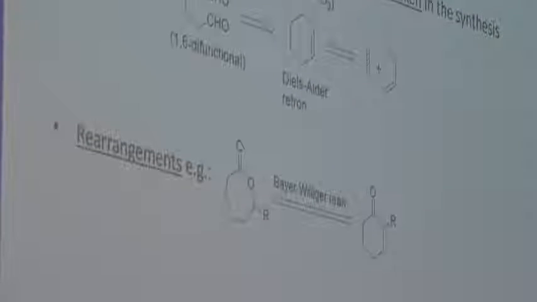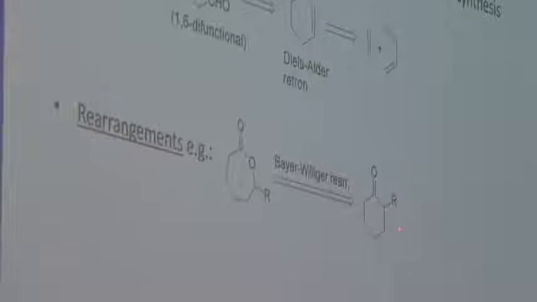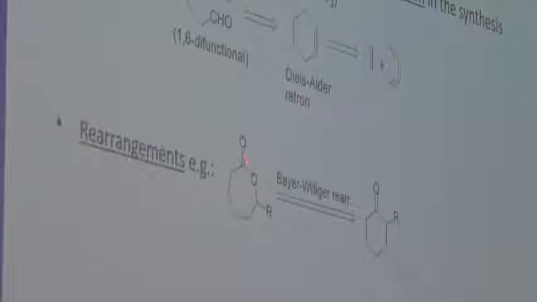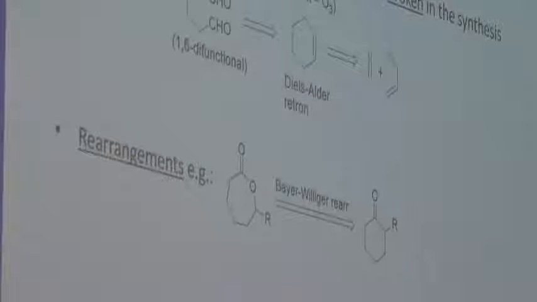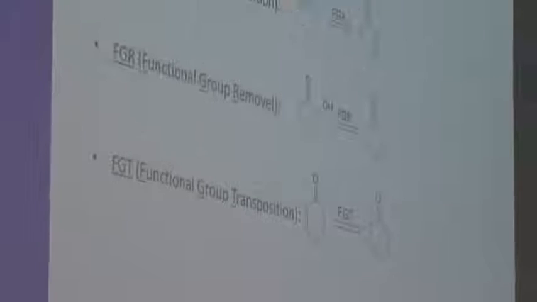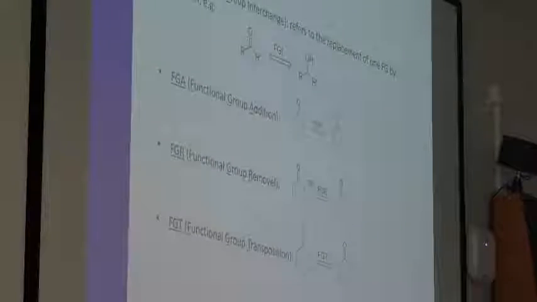And then you have retrosynthetic rearrangement, here illustrated by the Baeyer-Villiger rearrangement. So the reaction itself goes from here to here. You also have a Beckmann rearrangement, which is also an important rearrangement reaction. You also have other types of transformation.